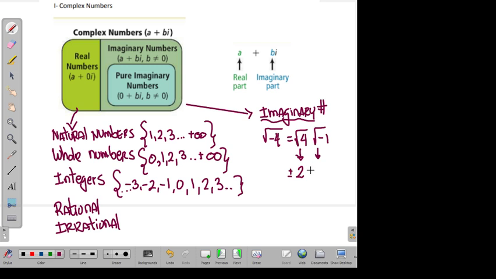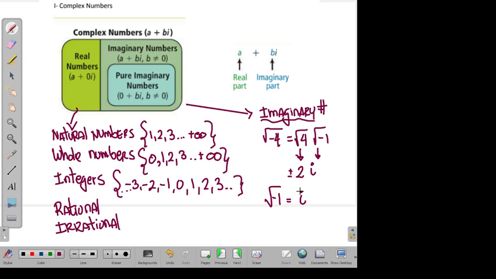So what we do is we come up with a symbol which is called i. So i is in reality the square root of negative 1. We'll look at that in a moment.